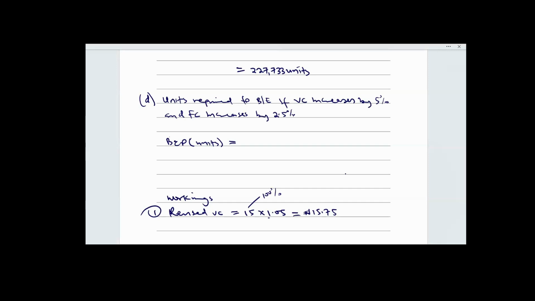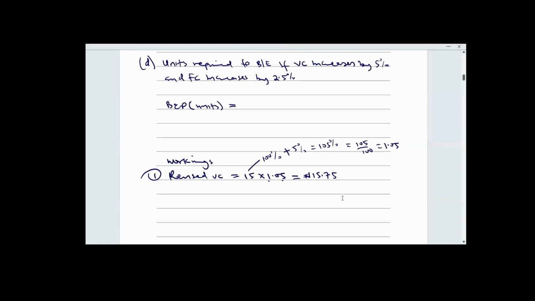The 0.05 is the increment of 5%. 100% plus 5% is equal to 105%. 105% is simply 105 divided by 100, which is equal to 1.05. So that's what we have done. So my revised variable cost is 15.75.